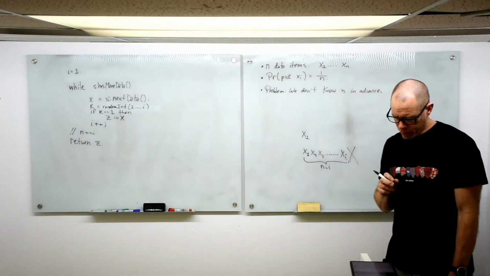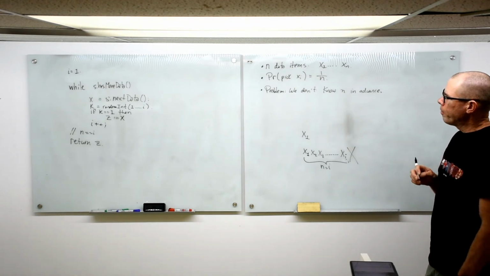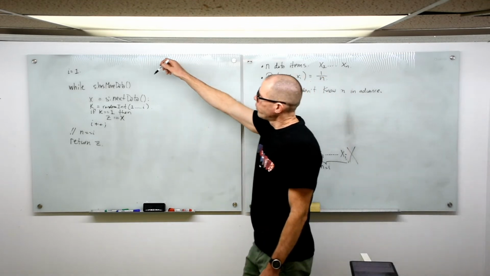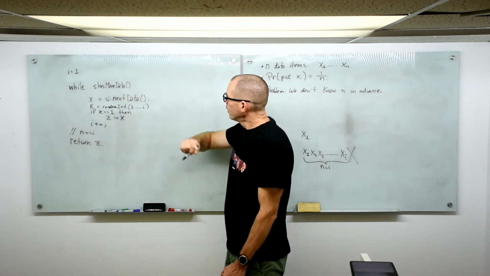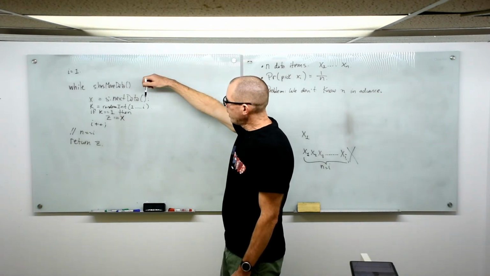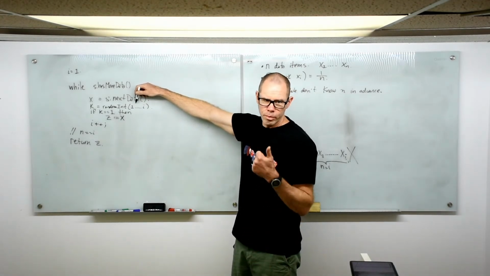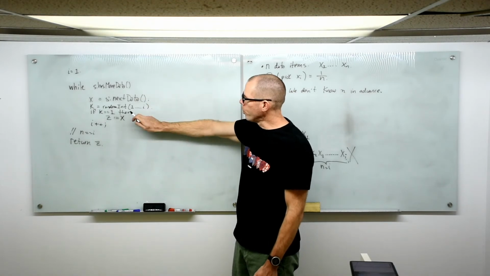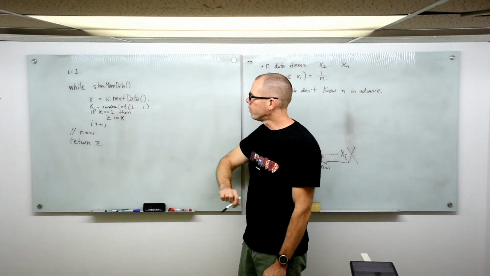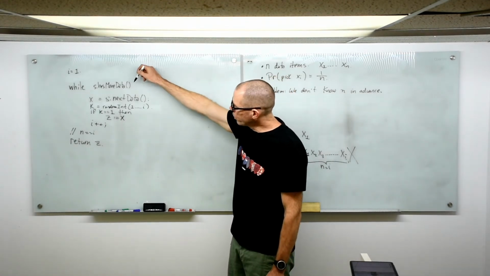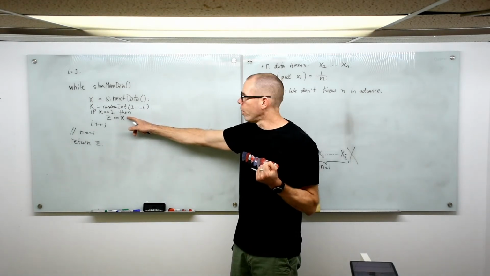So let's think about that for a minute. The first time we go through this loop, i is equal to 1. We get the next piece of data. We pick a random integer in the range 1 to 1, so we pick 1. And if the integer we picked is equal to 1, then we save it in this variable z. So the first time we go through this loop, this always happens. So x1 always gets saved in the variable z.